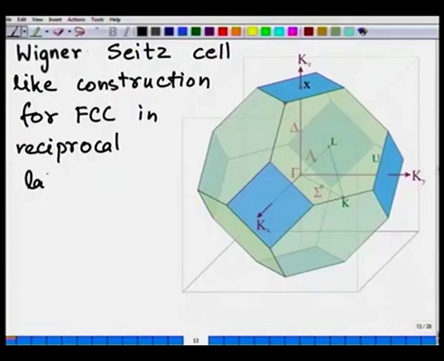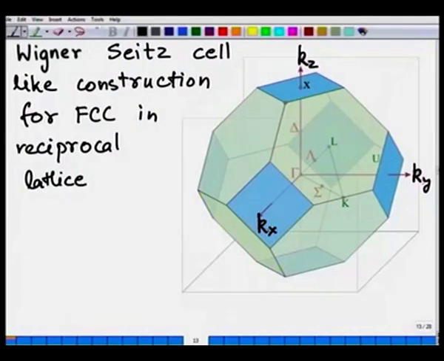So, now since in reciprocal lattice it looks like BCC, let me first make this correct again: kx, ky, kz. You get the idea, small k is what I should write, not capital K, just to show the directions. So, now I have 3 directions, and in this case you can see that since it is transformed to BCC, the Wigner-Seitz cell, remember, looked like this for BCC.